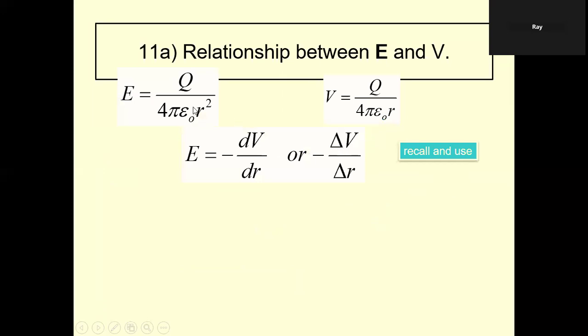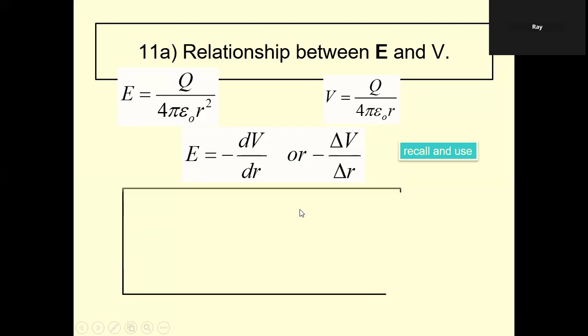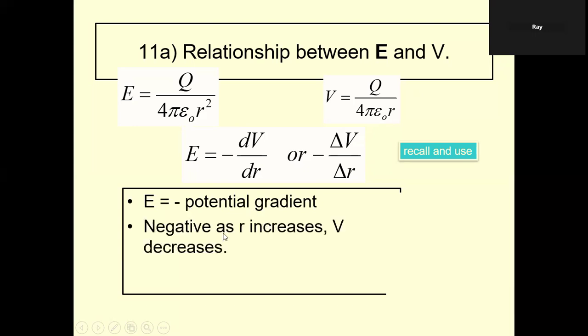Between the relationship between E and V, you need to recall and use. That is, we differentiate this one. You get that? That equation there, you differentiate that. So it's called electric field strength equals minus potential gradient. Negative because as r increases, V decreases.